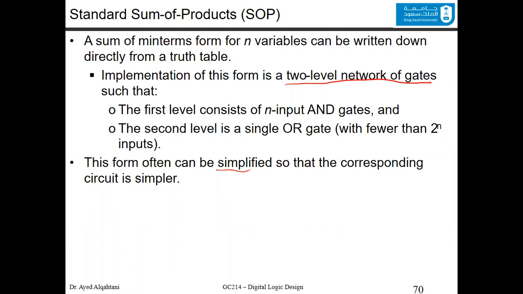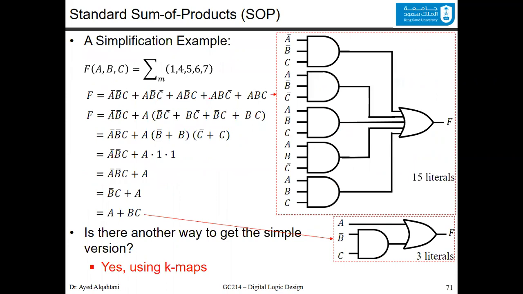To understand this better, let's see that we have this function, F(A), with 3 variables, A, B, and C, and it has those minterms, 1, 4, 5, 6, and 7. Those minterms are the ones that are listed here. And this function now is in the sum of minterms form.